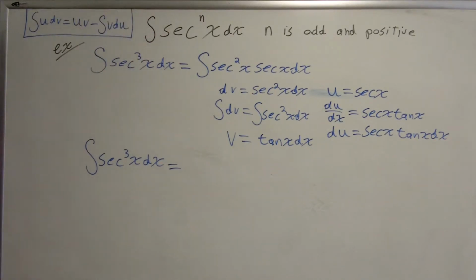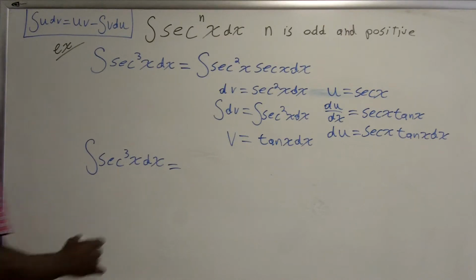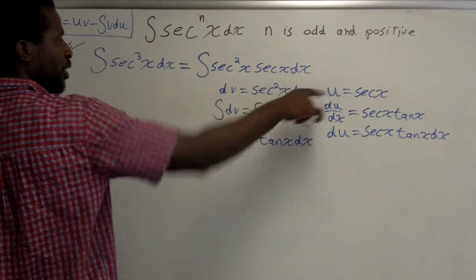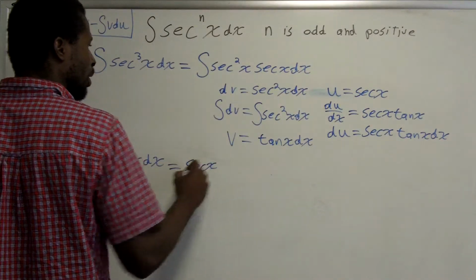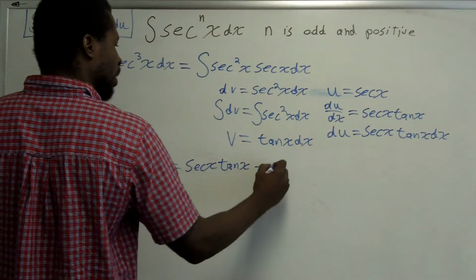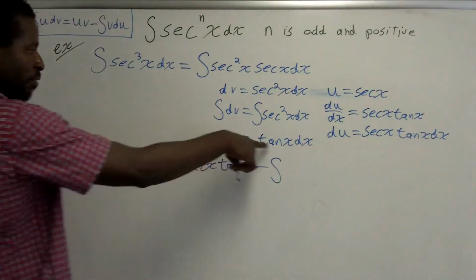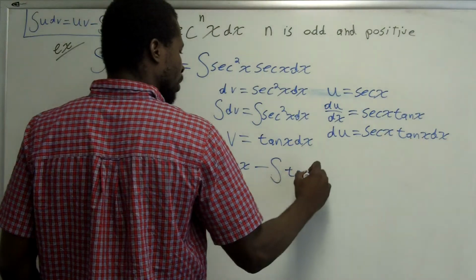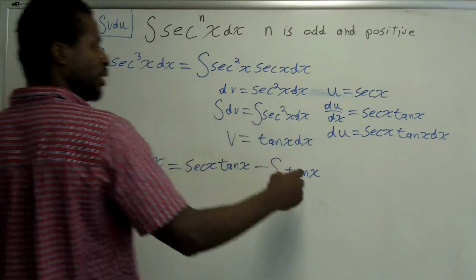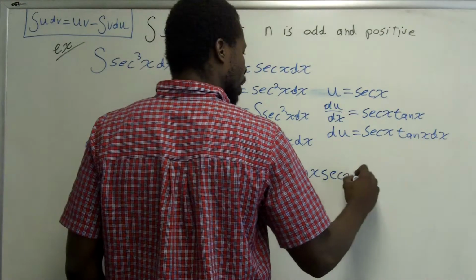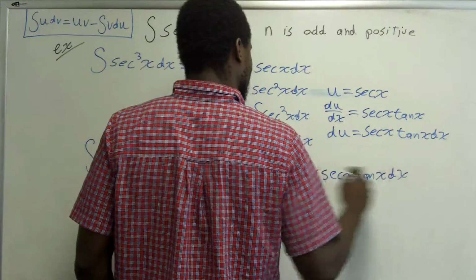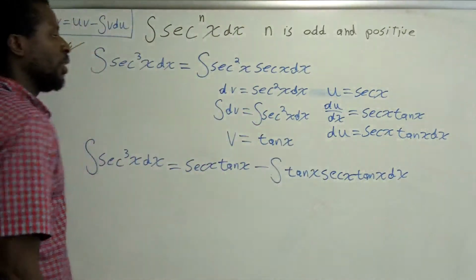So this integral is equal to u, the secant of x, times v, the tangent of x, minus the integral of v, the tangent of x again, times du, and du is the secant x tangent x dx.